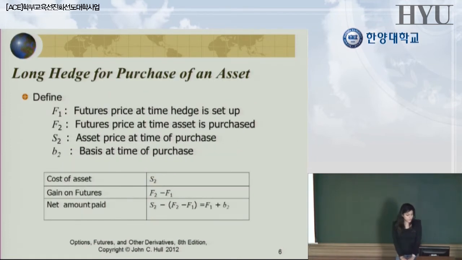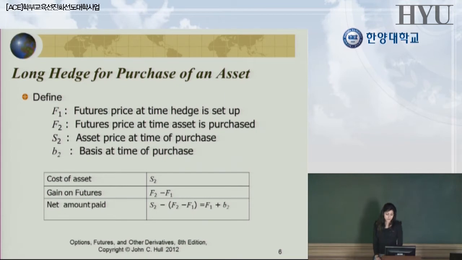So long hedge is for the purchase of an asset. Now we can see that we have different figures: F1, F2, S2 and B2.